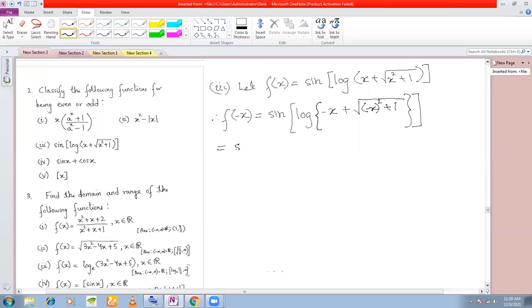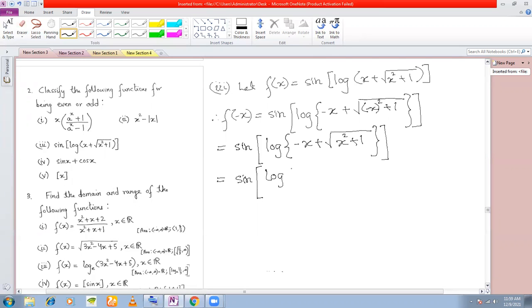Now, sine of log of minus x plus root of x square plus 1. Now, how do we deal with this? Is f(minus x) equal to f(x)? Till now, nothing.